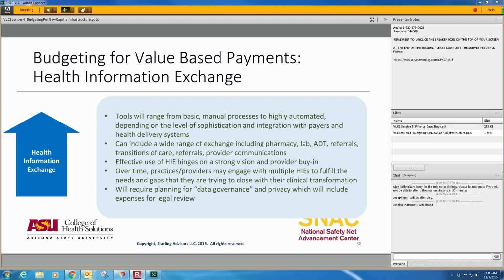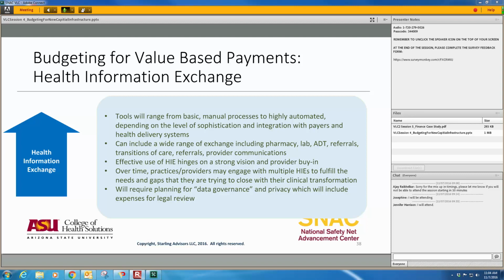So these can be very manual processes, or it can be highly sophisticated with fancy interfaces that are built across a health system. The type of data that move across these exchanges also can vary widely, and that's part of why it gets really hard to estimate some of the costs for some of these things, because your health information exchange partners may have prioritized different areas of exchange, and it's hard for us to know during an exercise like this to really identify what the costs are.